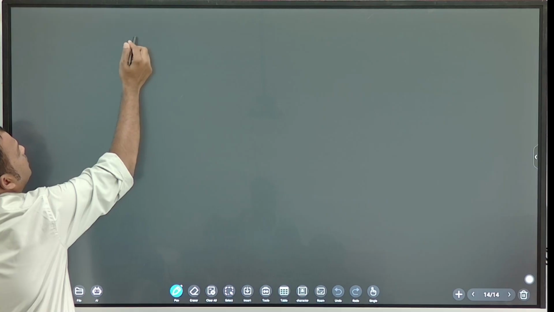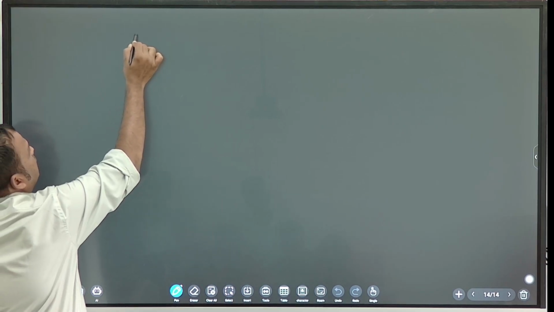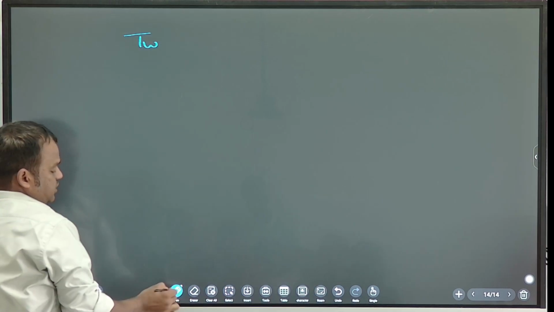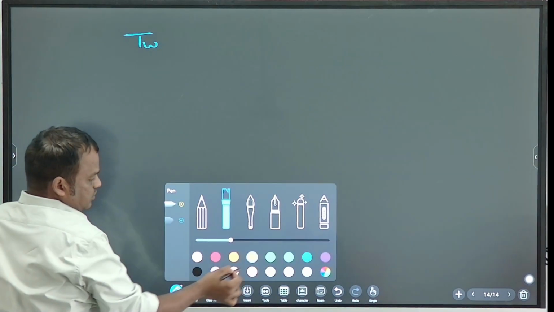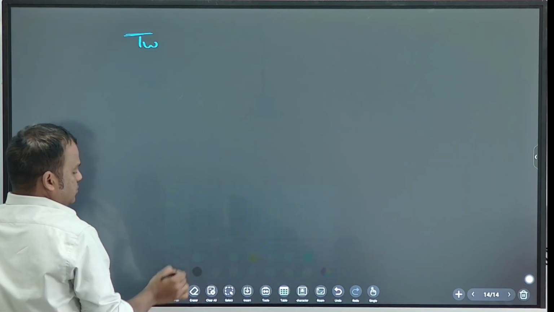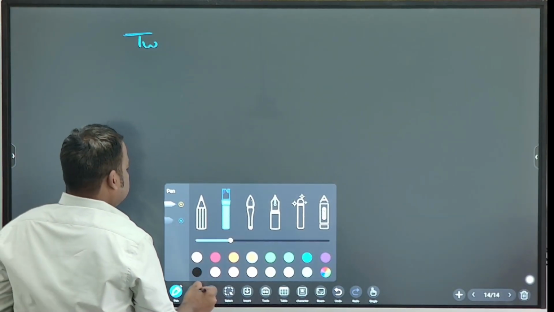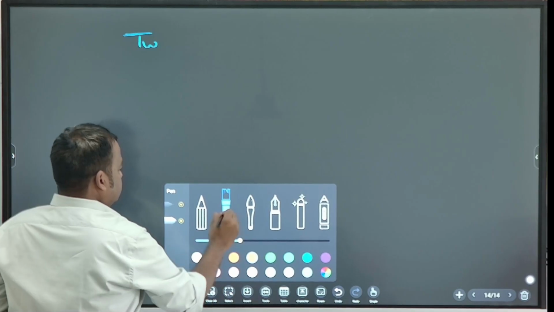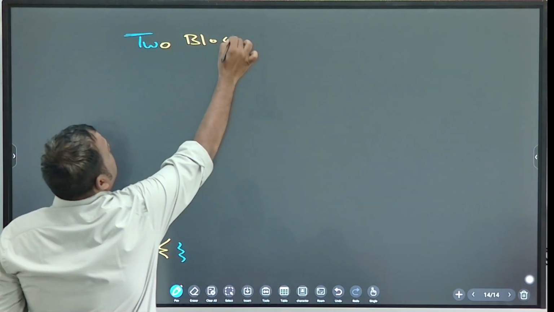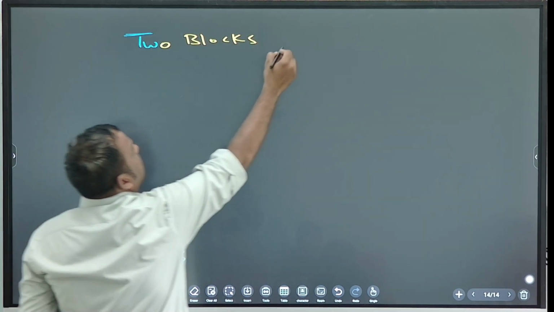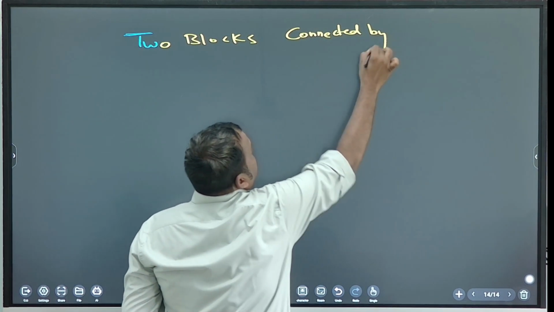Now we can solve some questions on tension forces. Note down. Two blocks connected by string.